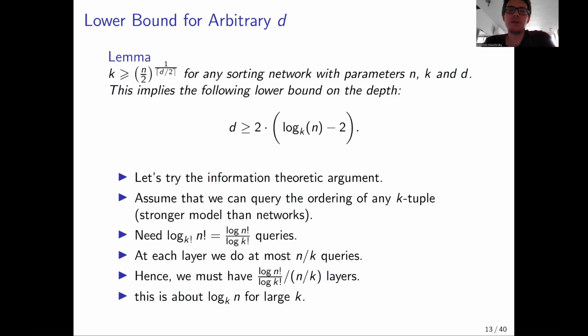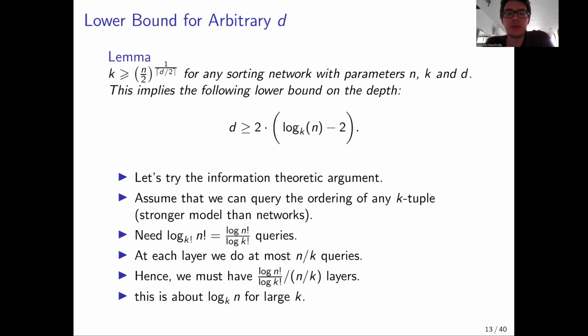And recall that for k equals 2, the same lower bound with coefficient 2 was a consequence of a simple information theoretic argument. Now let's try it in that case and see. And we will see that actually now it won't give us 2 here, at least for large k. So why is that?